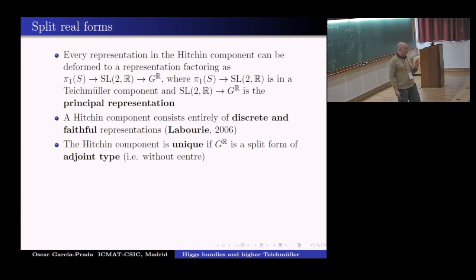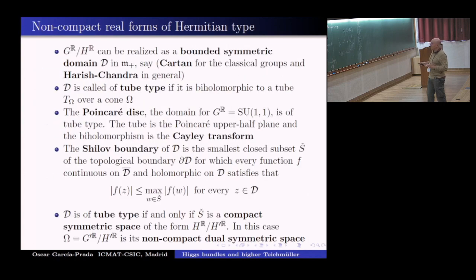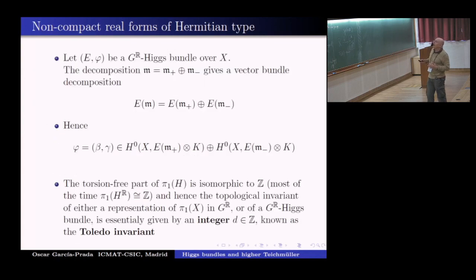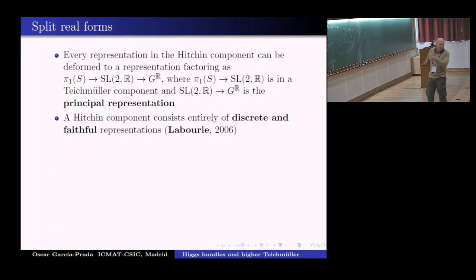This integer is a privilege not just of being split, but of being of Hermitian type. Some groups are both split and Hermitian, like SL2R. In fact, the only group in higher rank that has this property is Sp2nR.